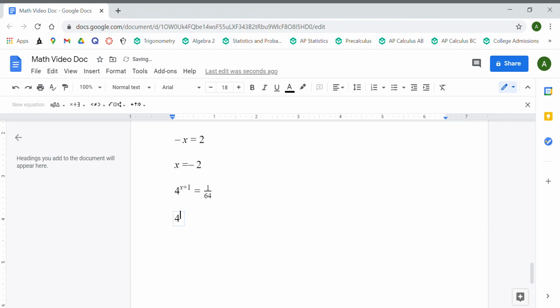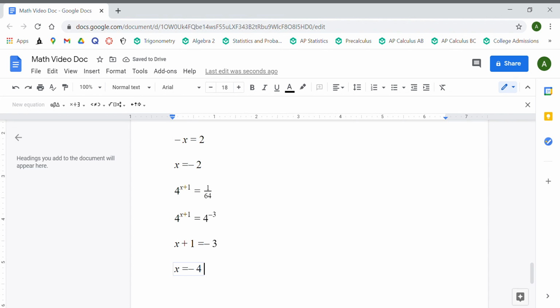So we're going to rewrite this as 4 to the power of x plus 1 equal to, and you do not need parentheses here, 4 to the power of -3, because it's going to turn this into this. Now we set the exponents equal to each other, and then we solve. And if you got -4 as your answer, good job.